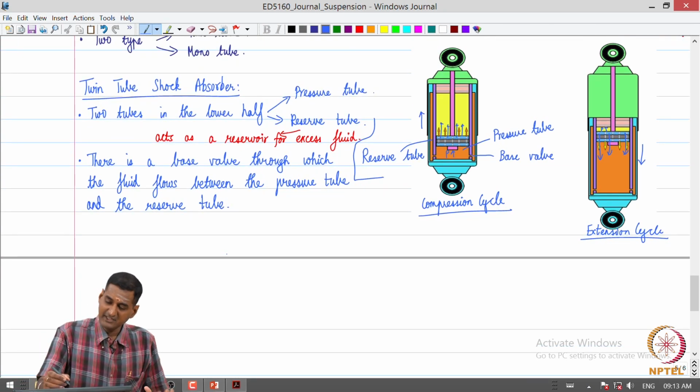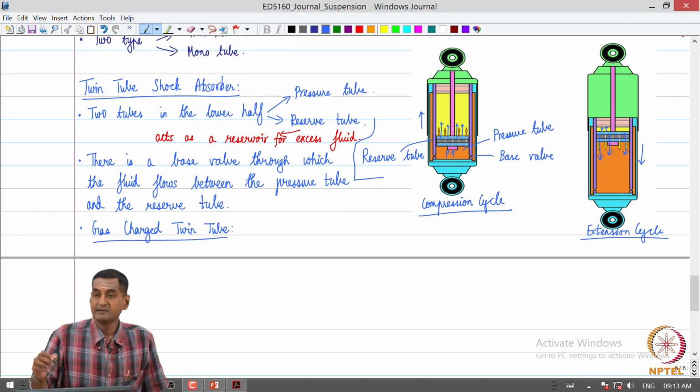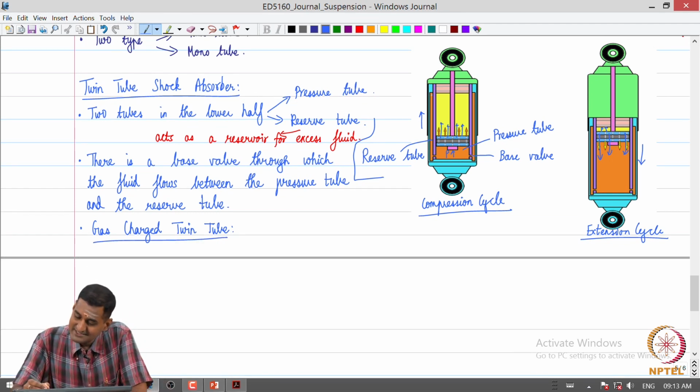There is something called a gas charged twin tube. In a so called gas charged twin tube shock absorber, there is some nitrogen gas filled at low pressure in the reserve tube.